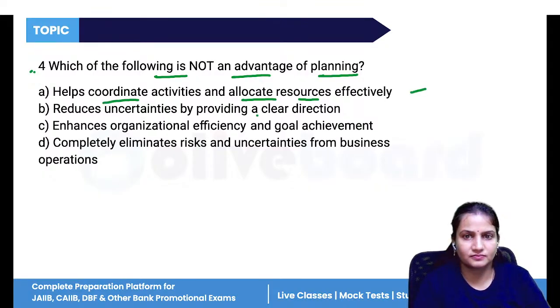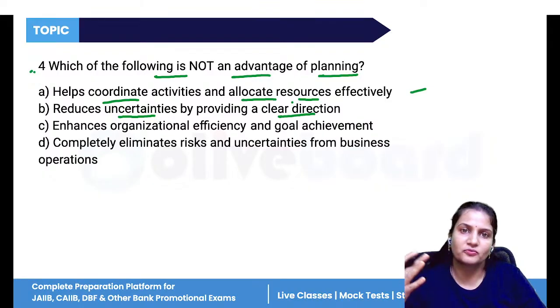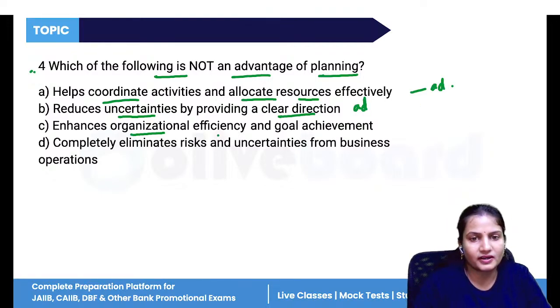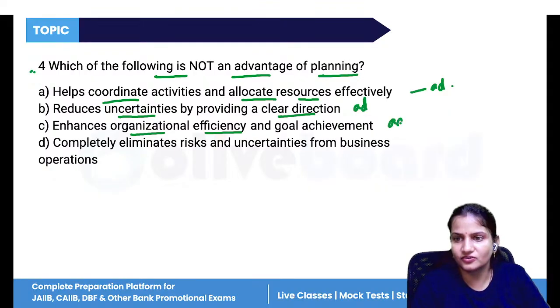Yes, this is an advantage of planning. It reduces uncertainties. Yes, if you have a clear direction, if you have formulated a good strategy for your company, then you can reduce your uncertainties. This is also an advantage. Now, it enhances organizational efficiency. Yes, it is also an advantage.